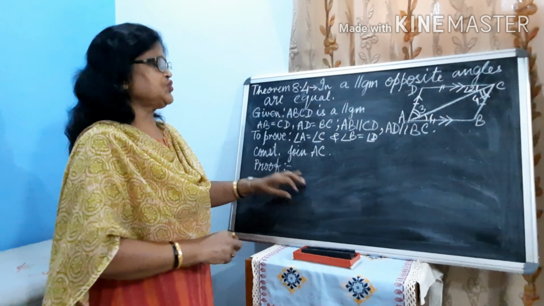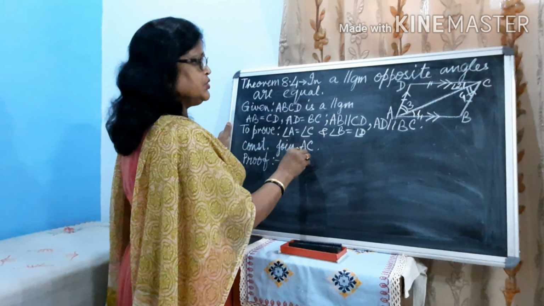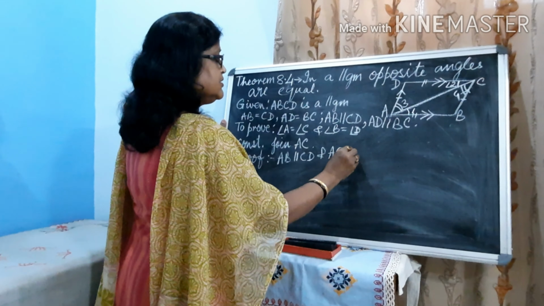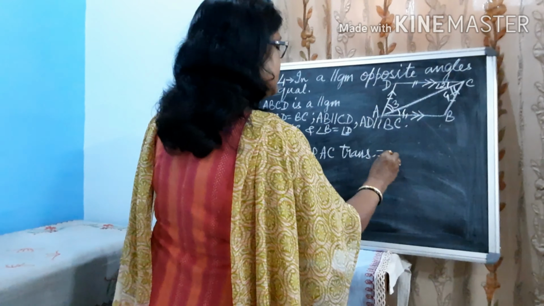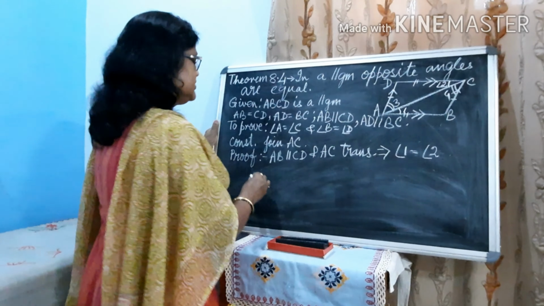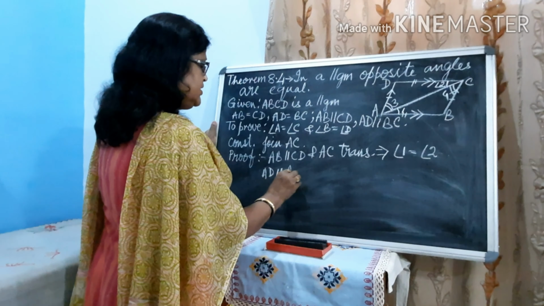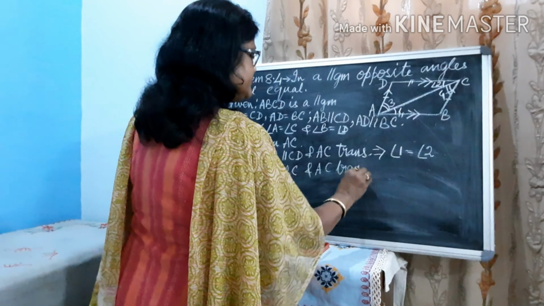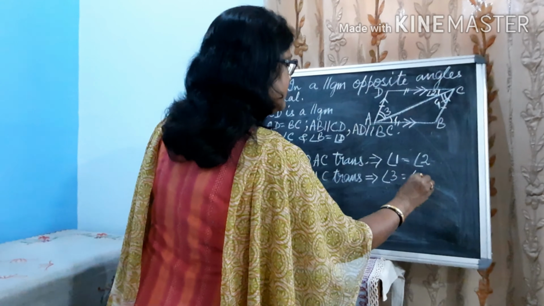Now what do we get, children? Because AB parallel to CD and AC transversal implies that angle 1 equal to angle 2, and AD parallel to BC and again AC transversal implies that angle 3 equal to angle 4.